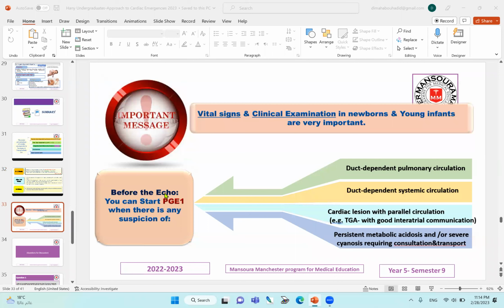Before you make an echo for a patient you suspect of having a duct-dependent pulmonary or systemic circulation lesion, or any cardiac lesion with parallel circulation like TGA, or any baby coming with persistent metabolic acidosis or severe cyanosis, give prostaglandin E1 even before you do the echo, to maintain the PDA open.